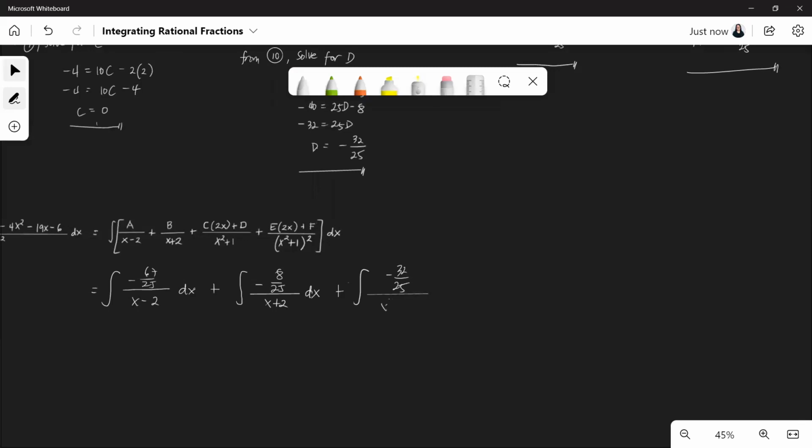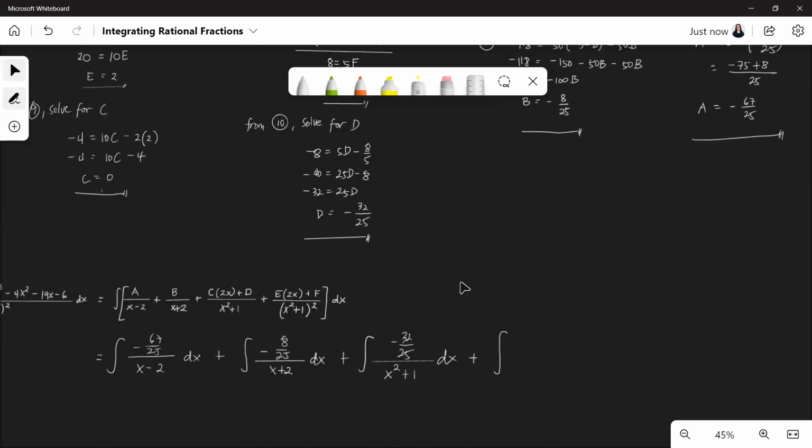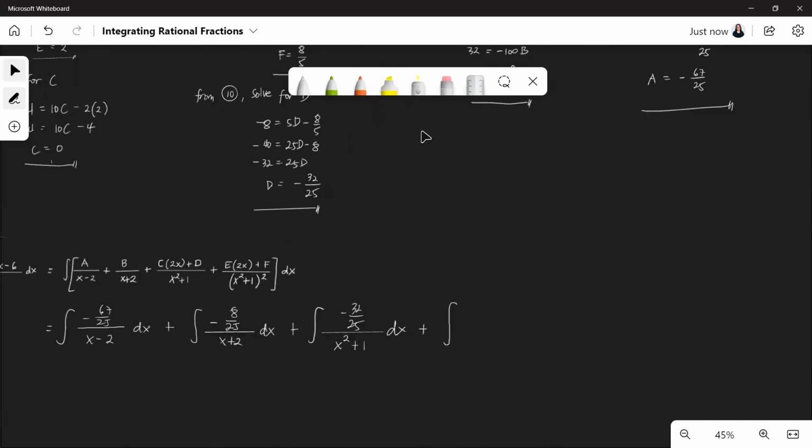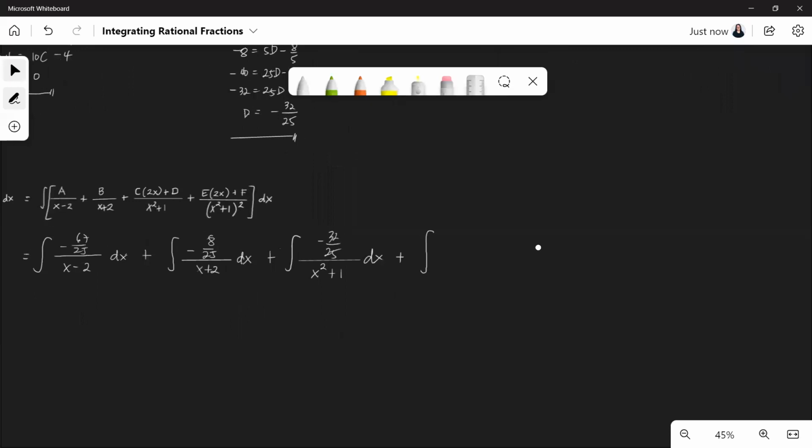So this is in the form u squared plus a squared, meaning we'll use arctangent later. U is x and a is 1. And then plus E times 2x. E is 2 from here, so that's 2 times 2x, that's 4x.